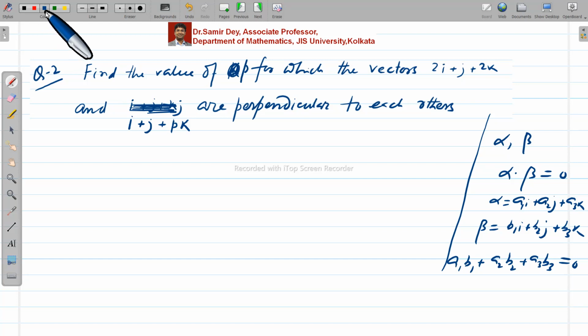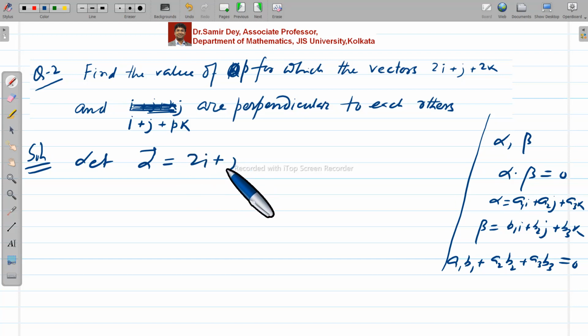These are the basic concepts. Clear? Now try to understand the solution. Let alpha vector be 2i plus j plus 2k and beta vector be i plus j plus pk.